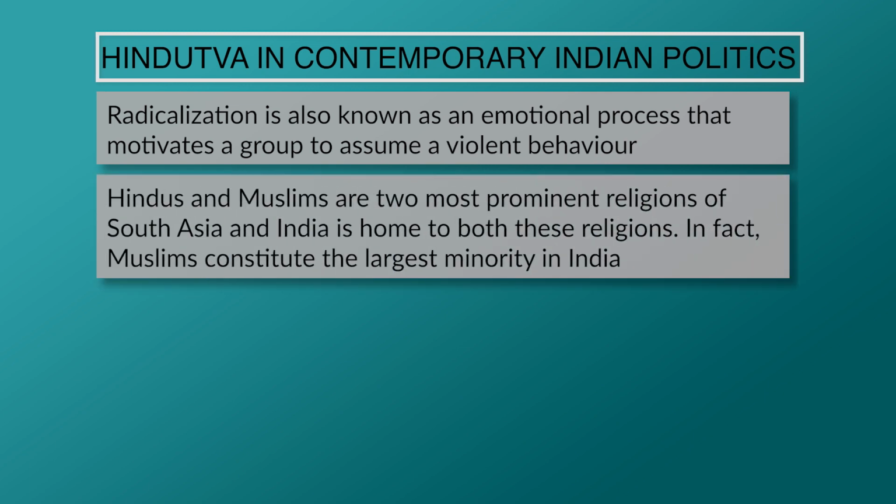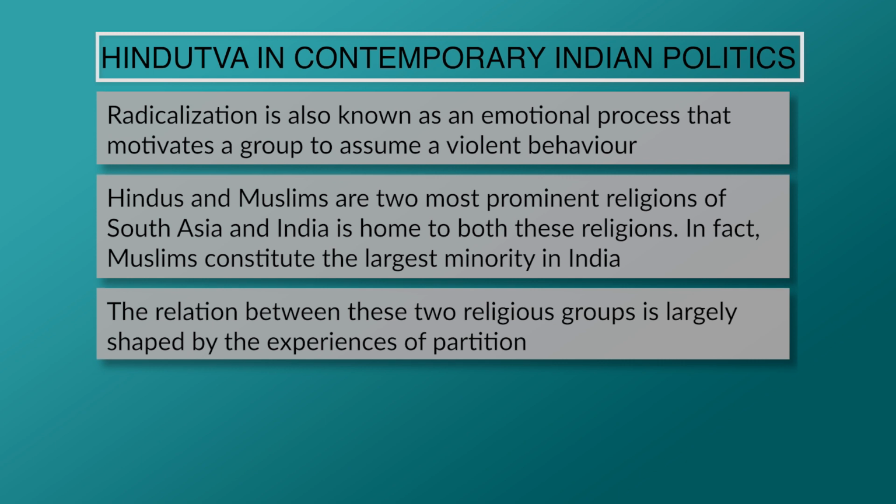Hindus and Muslims are the two most prominent religions in South Asia, and India is home to both these religions. In fact, Muslims constitute the largest minority in India. The relation between these two religious groups is largely shaped by the experiences of the past.